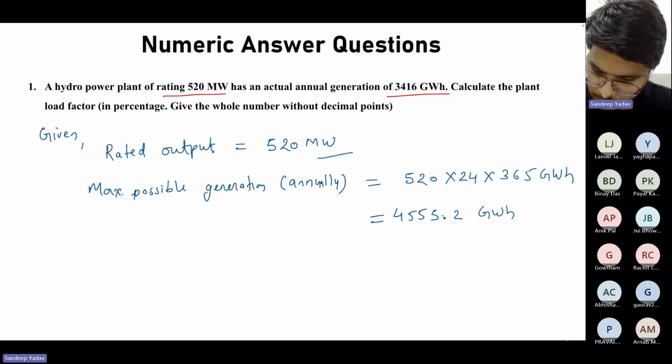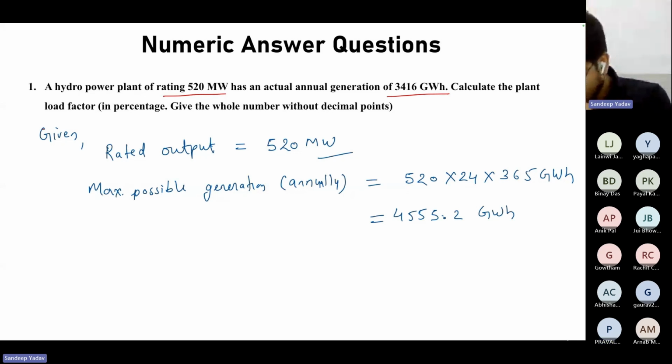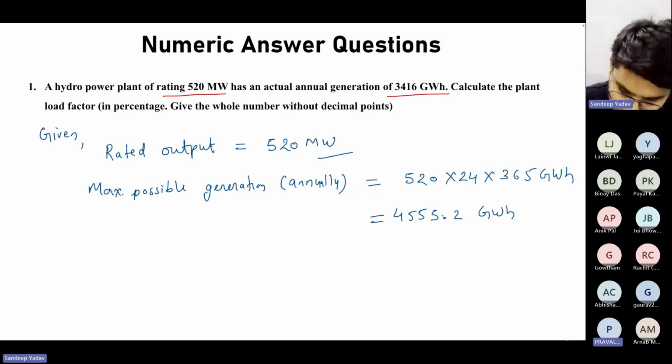So that will be 4555.2 gigawatt hour. So that's a simple unit conversion, as you can see.